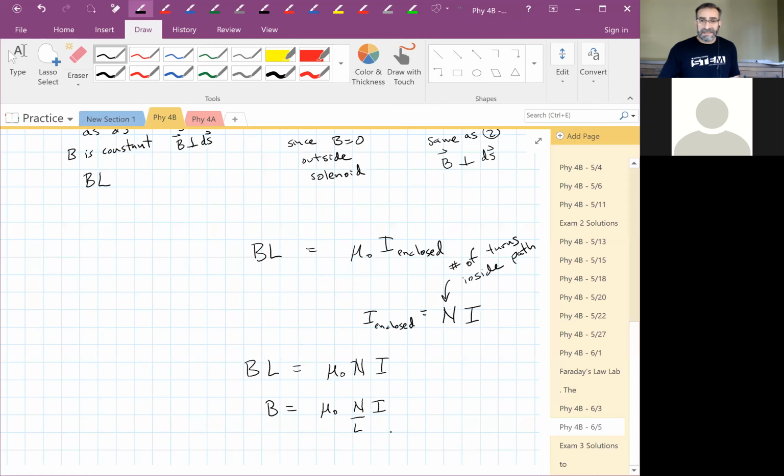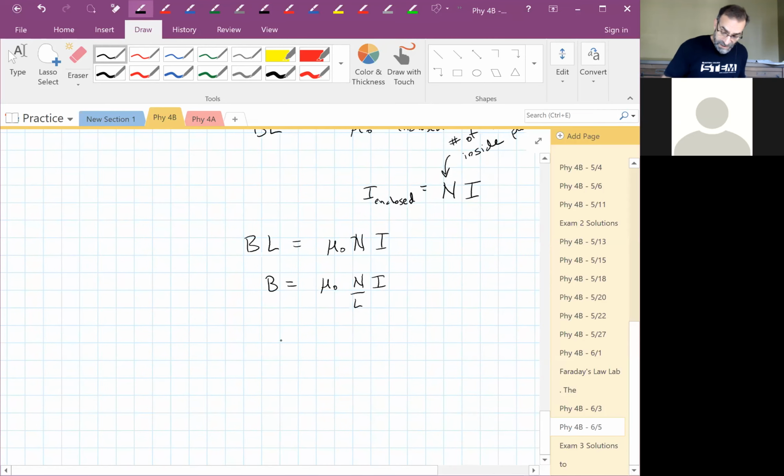The way we typically write this is because our solenoid is very long, right? It could be infinitely long. The way we typically would write this is mu naught lowercase n I, and lowercase n is the number of turns per length.